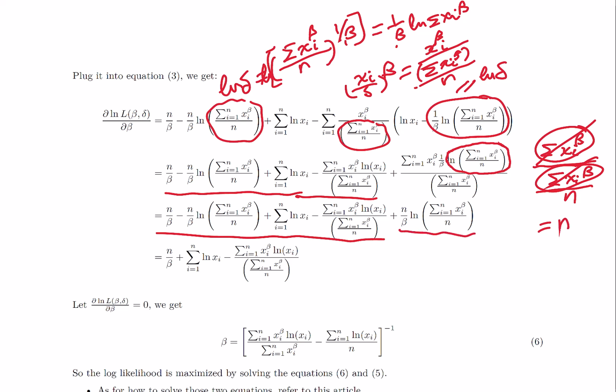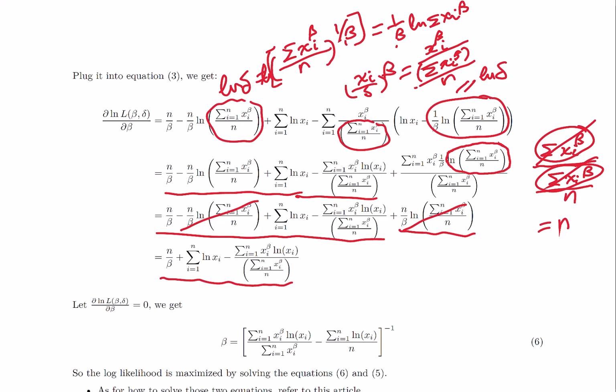Now after you get this term, you see how nice this one is. This is minus and this is plus, so these two terms get cancelled out. We only have 3 terms left right here, this term and then this term.